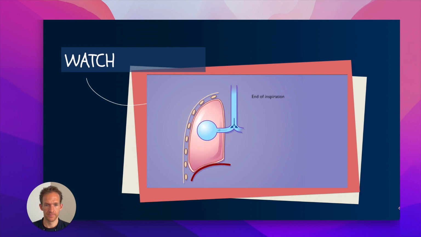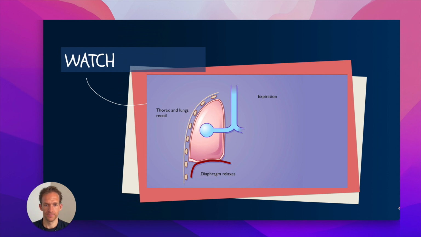At the end of inspiration, the thorax and alveoli stop expanding. Airflow into the lungs causes alveolar pressure to become equal to barometric air pressure. Because the pressures become equal, no more movement of air occurs. During expiration, the volume of the thorax decreases as the diaphragm relaxes and the thorax and lungs recoil.